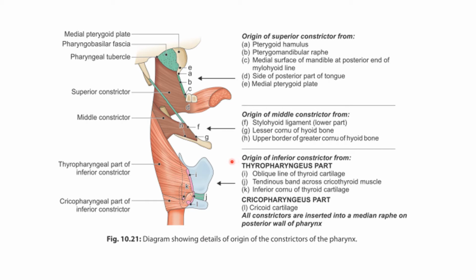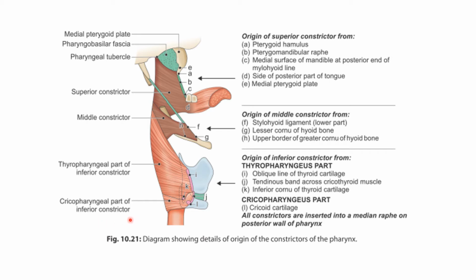The inferior constrictor muscle is in two parts. One is the thyropharyngeal part, the other is the cricopharyngeal part. The thyropharyngeal part takes origin from the oblique line of the thyroid cartilage, the tendinous band across the cricothyroid muscle and from the inferior cornu of thyroid cartilage.